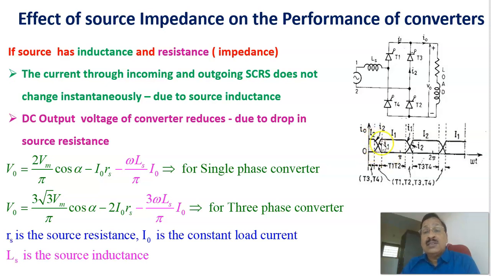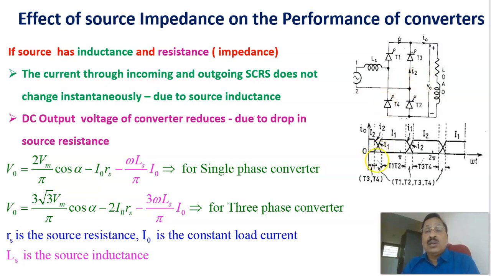Therefore, during this transition period, because of the source inductance, the transition of the current through these thyristors takes place slowly. This is slowly dying out, and this is slowly building up. And during this period, all these thyristors T1, T2, T3, T4 are conducting, and the output voltage is equal to 0. This period we call the angle mu.